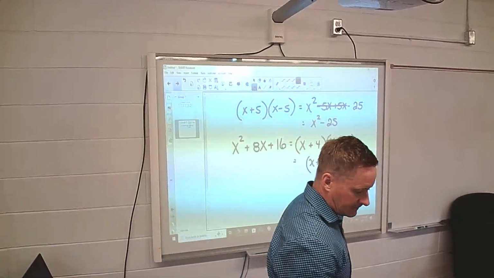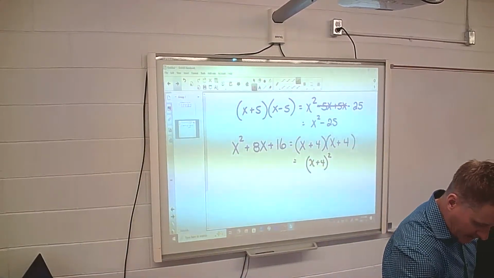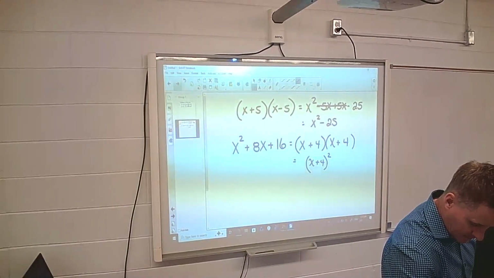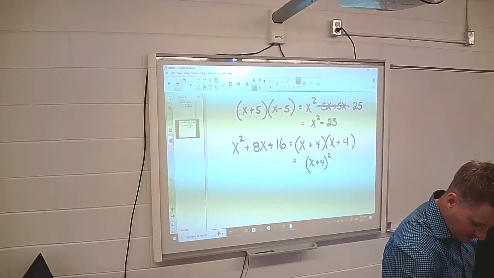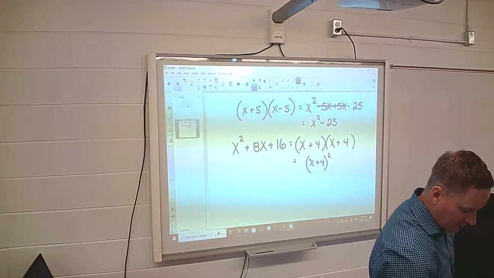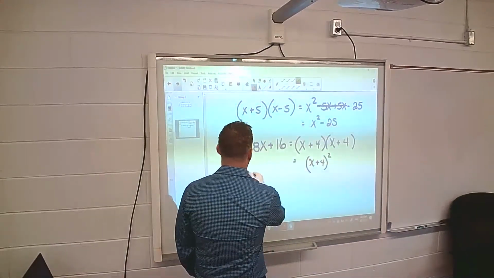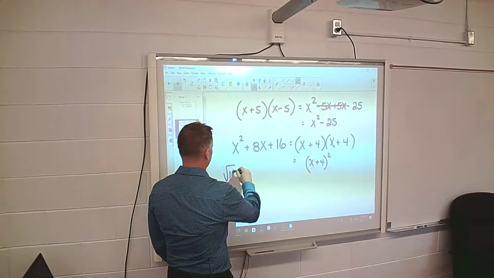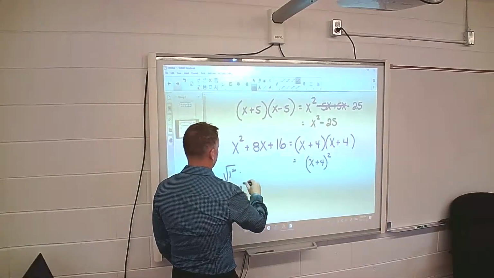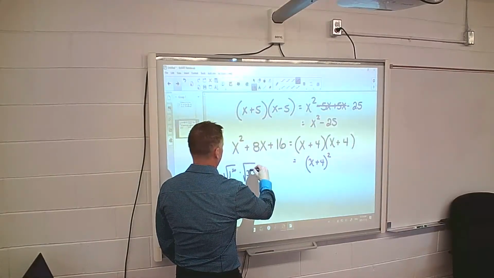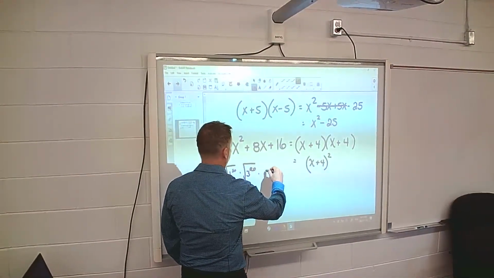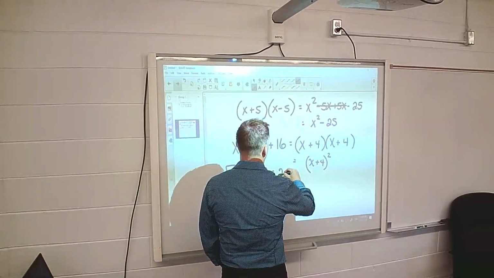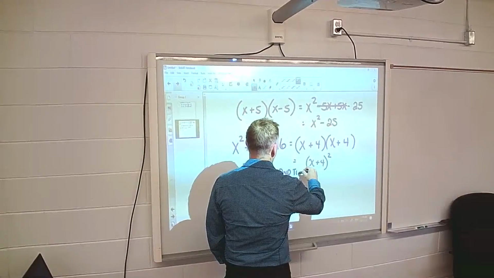If you take the square root of the first term, so the square root of that term, times the square root of the third term, times 2, that will equal my second term.